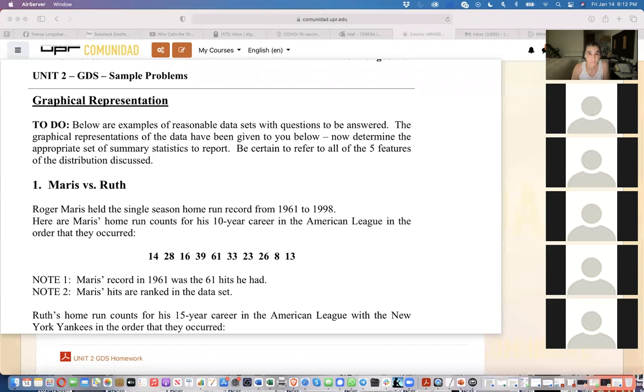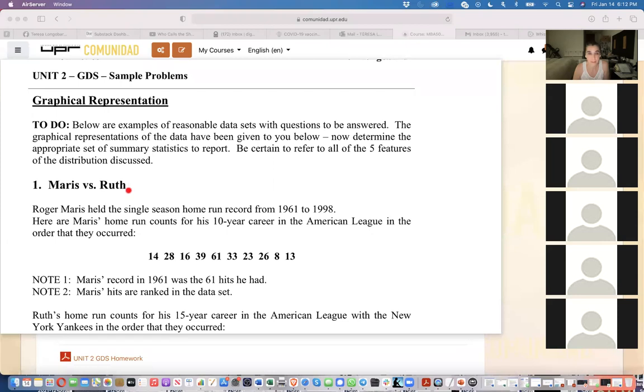So in baseball, in the history, there were 2 recognizable stars of baseball. One is Roger Maris, it's more recently, and then there's Babe Ruth.